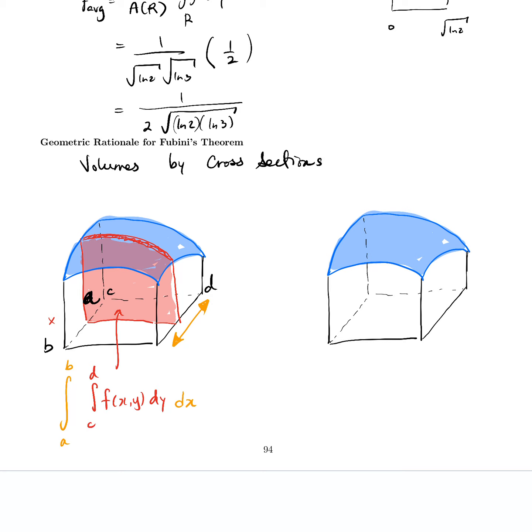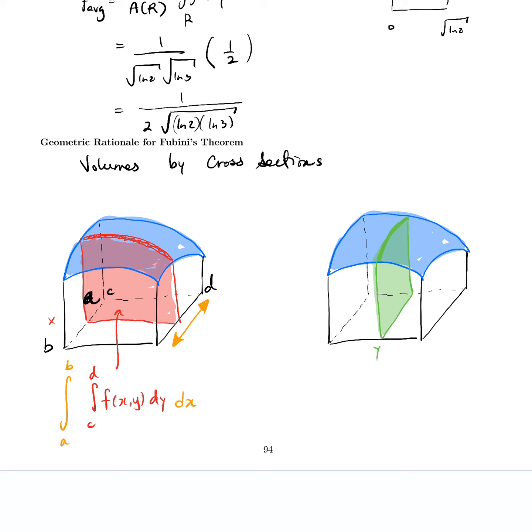But if these things are continuous, there's no reason that my cross sections have to be in that direction first. I could take cross sections in the other direction. Why not? So if we start out by taking cross sections like this and imagining that we have a curve here with area underneath again, then we're looking at this area where x is varying and y is fixed at some y value.